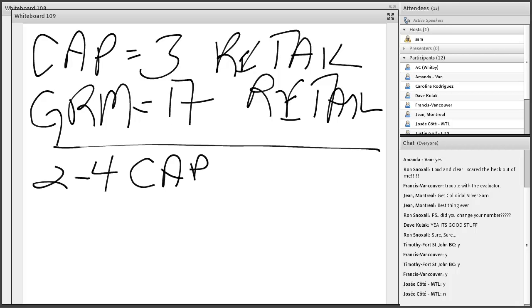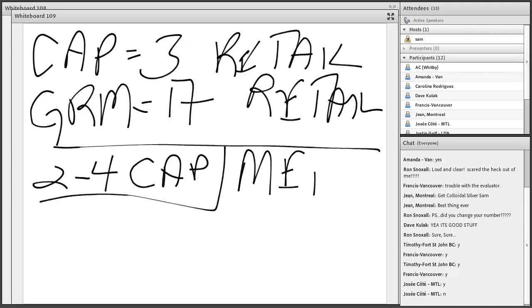Now that you're mostly going to see in a metro area. Metro areas are going to be 2 to 4 cap rate. 2 to 4 cap rate is extremely difficult to work with. It's basically selling the property at retail, and we don't want to purchase the property at retail.